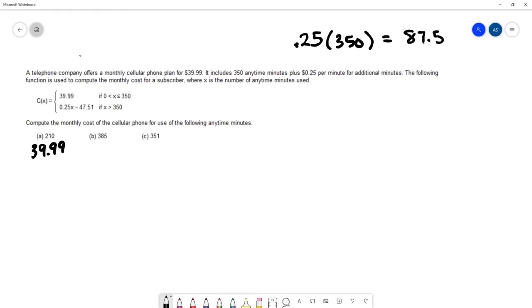So we're going to use the 25 cents times the 385 minus 47.51. So 25 cents times 385 is 96.25 minus 47.51.